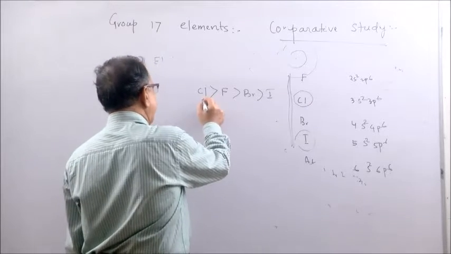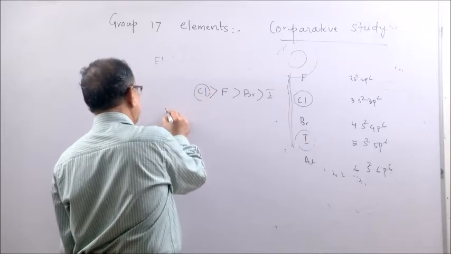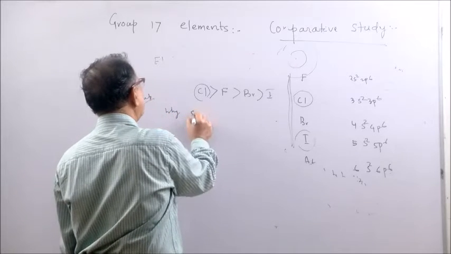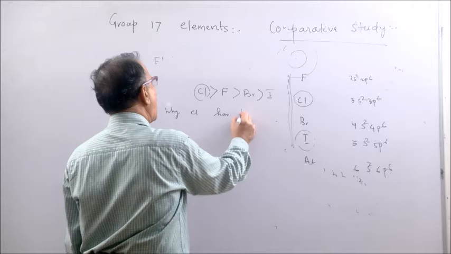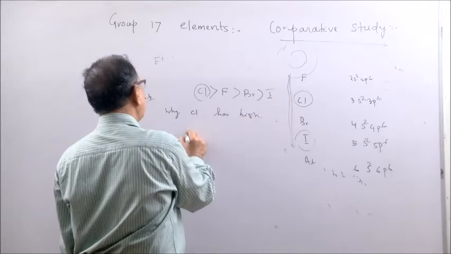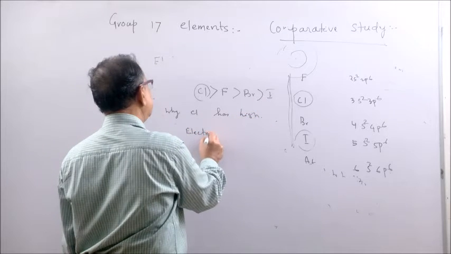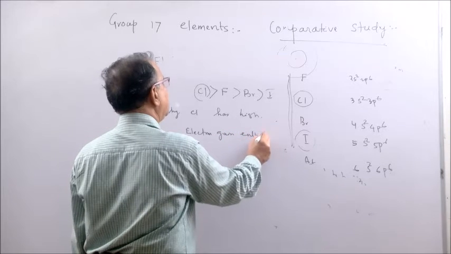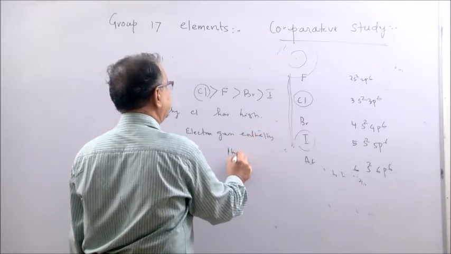The question is why chlorine has a higher electron gain enthalpy than fluorine.